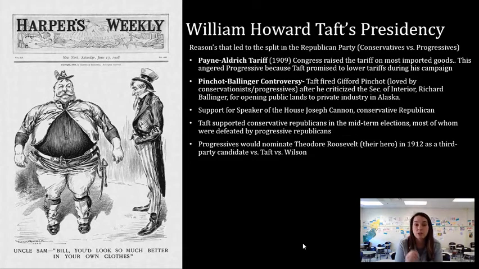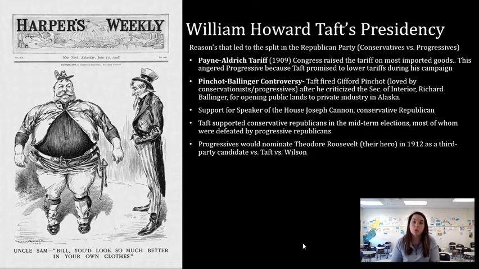But the big issue here is tariffs. Roosevelt would have been in favor of reducing tariffs. However, Taft and the conservative Republicans wanted to raise tariffs. They wanted to limit foreign competition, which again just makes the prices of goods go up.